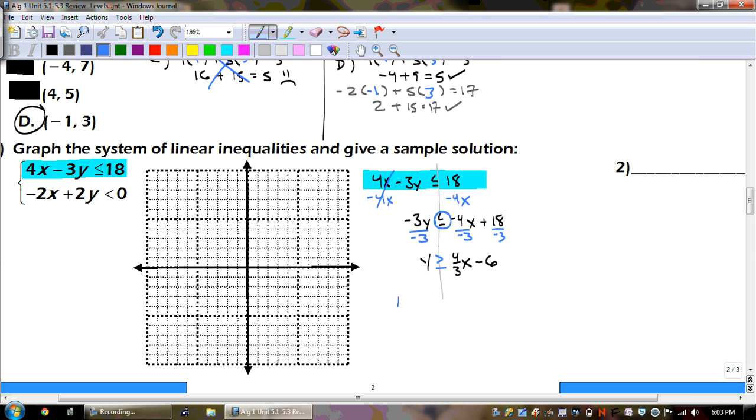So our slope is 4/3, our y-intercept is (0, negative 6). And then I know that I'm going to have to shade above because it's greater, and then we're going to have a solid line. We get all that information from the inequality. Okay, so starting at (0, negative 6), I go up 4, 1, 2, 3, 4, to the right 3.